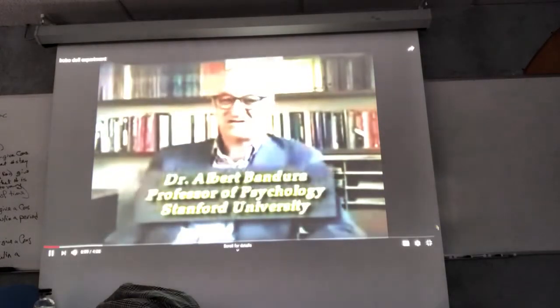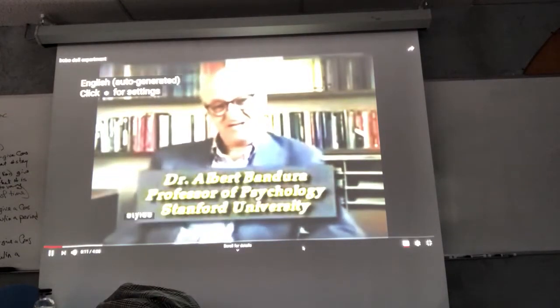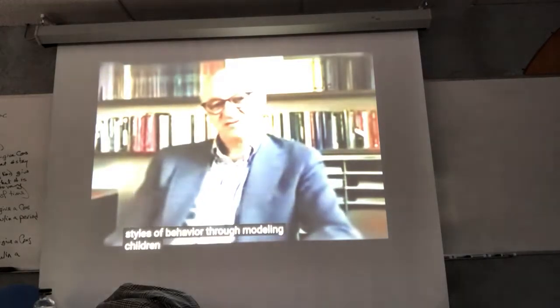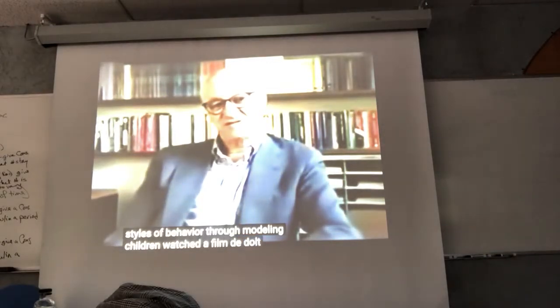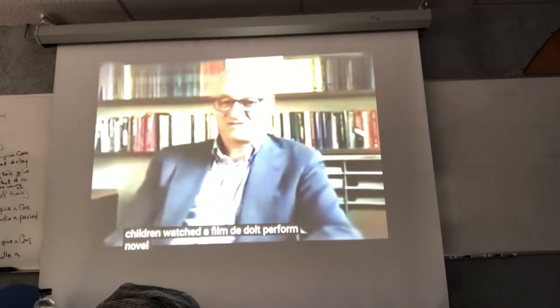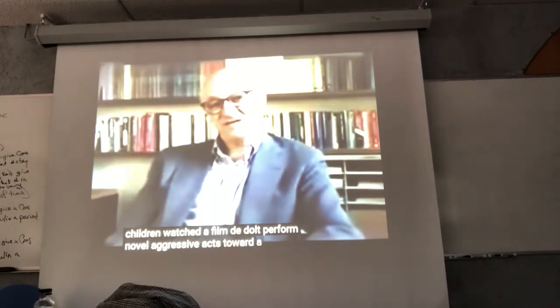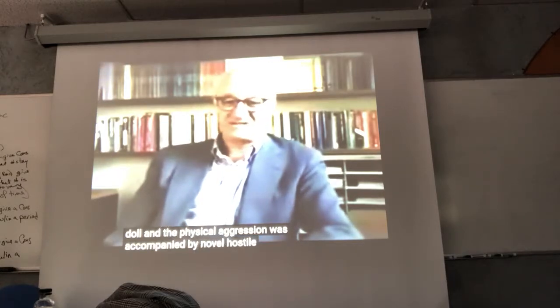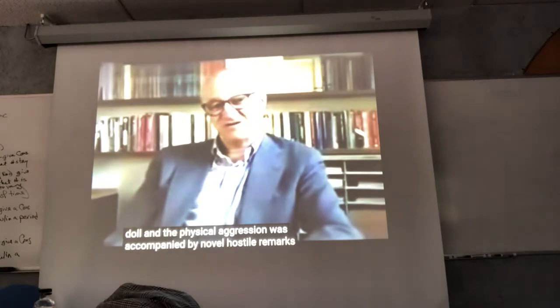Early experiment on learning of aggressive styles of behavior through modeling. Children watched a filmed adult perform novel aggressive acts toward an inflated doll, and the physical aggression was accompanied by novel hostile remarks.